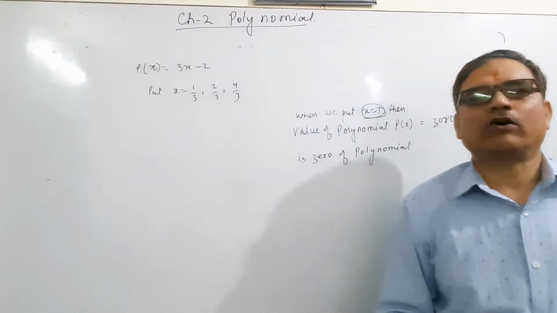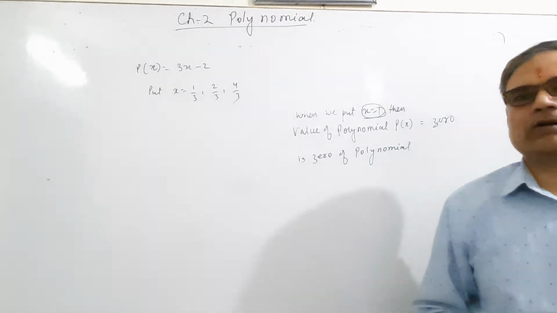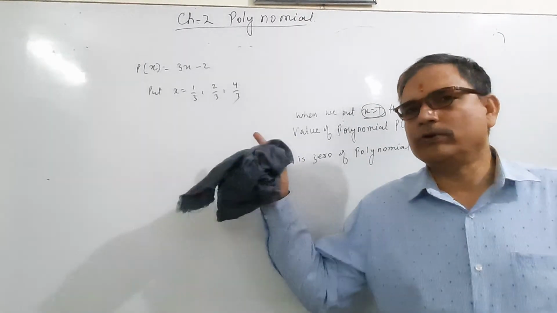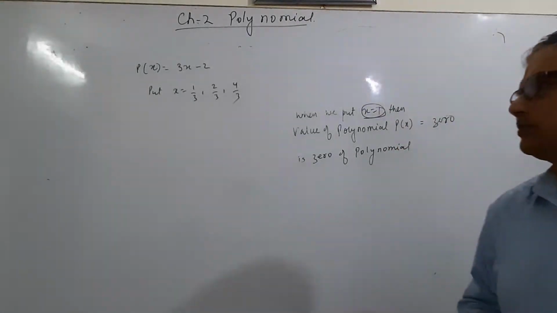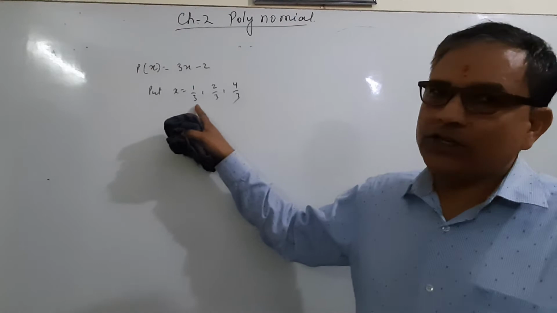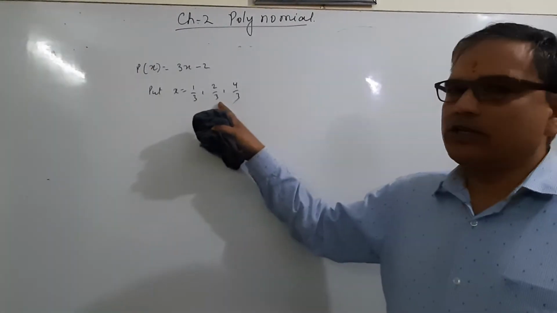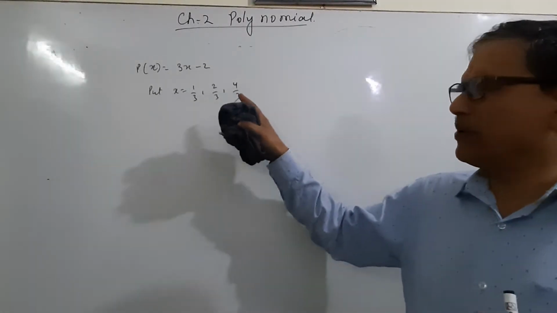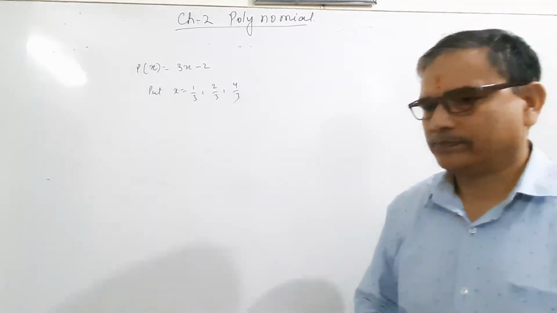Which one of the following is the zero of the polynomial? First, you will put the value of x here and find the zero of the polynomial. Either 1 by 3 is the zero of P(x), 2 by 3 is the zero of P(x), or 4 by 3 is the zero of P(x). Find it.